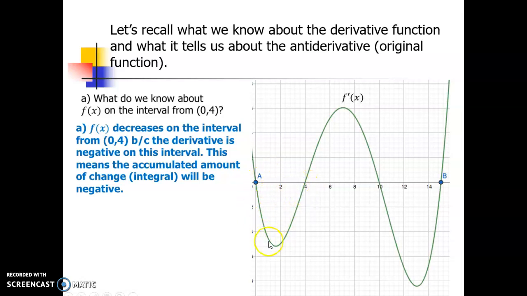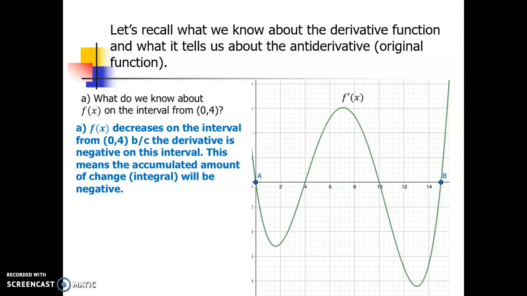That means when I look at a derivative curve and I think, okay, what does a derivative tell me? In this particular case, the, quote, area, and remember in mathematics, area is almost always referred to as a positive quantity, but if we think, I'm going to put it in air quotes here, the area between the curve and the x-axis lies below the x-axis, the accumulated amount of change is negative because the derivative is negative on that interval, meaning that the original curve, f of x, must be decreasing over that interval.